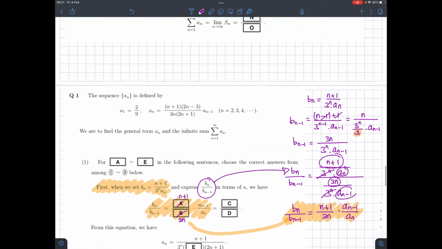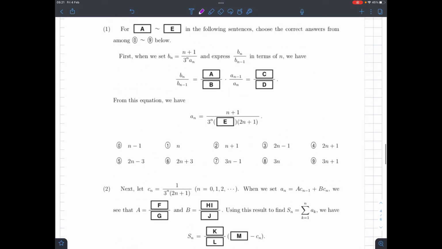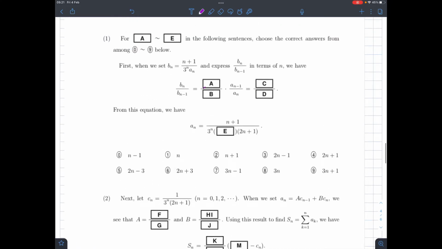Let's see the options. For A, n plus 1 is 2, and for B, 3n is 8. So you just fill A with 2 and B with 8.